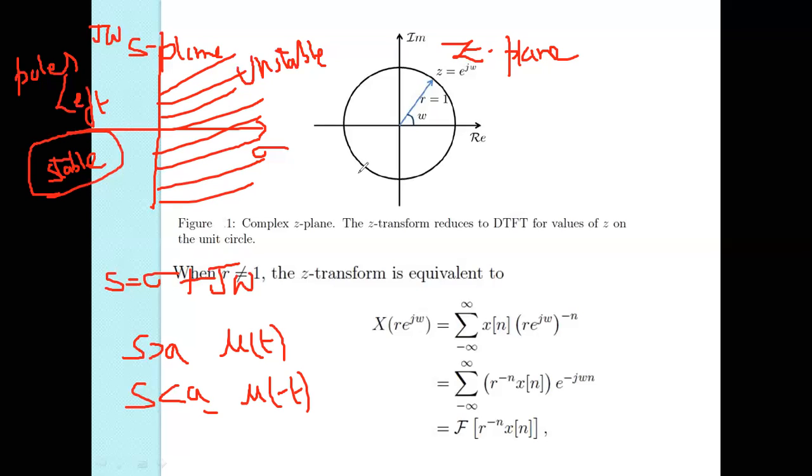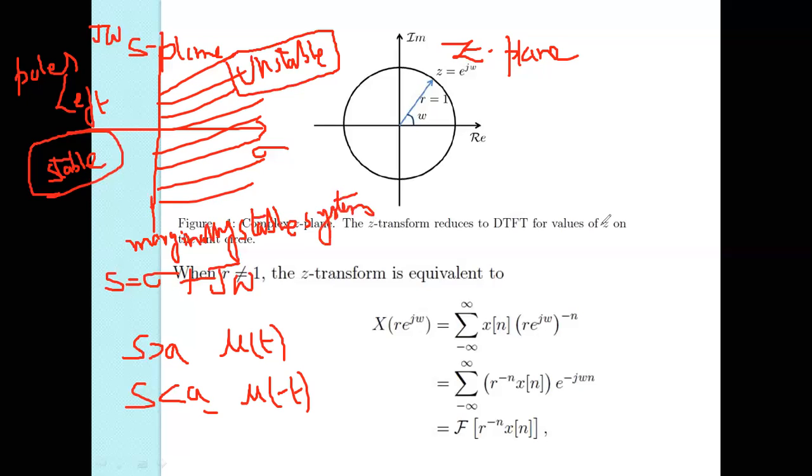Remember, my dear students: the poles in the left half of the S plane give a stable system. Any one pole present in the right half of the S plane, the system is an unstable system. And a pole present on the imaginary axis, we call it a marginally stable system or conditionally stable system.